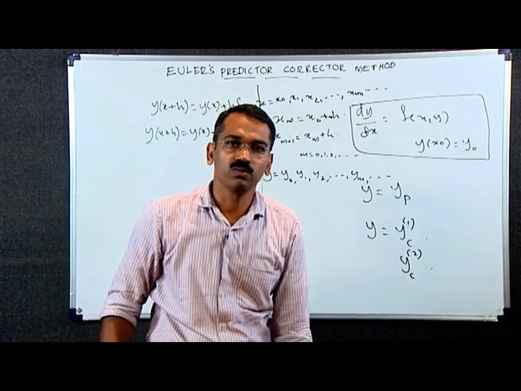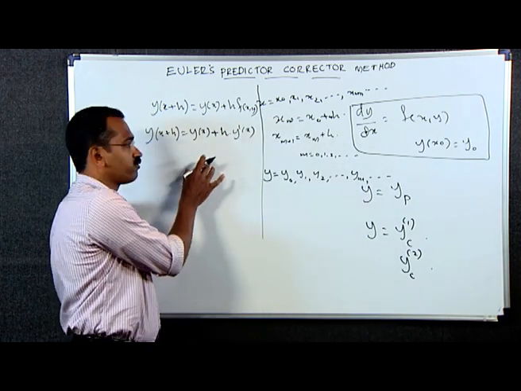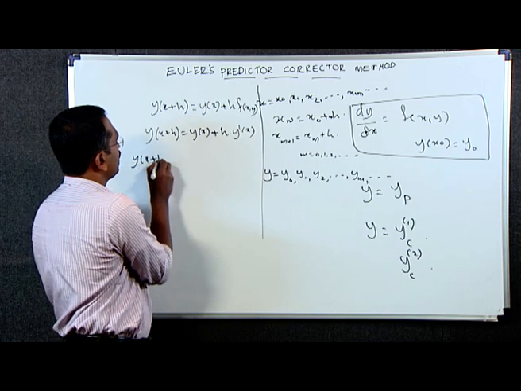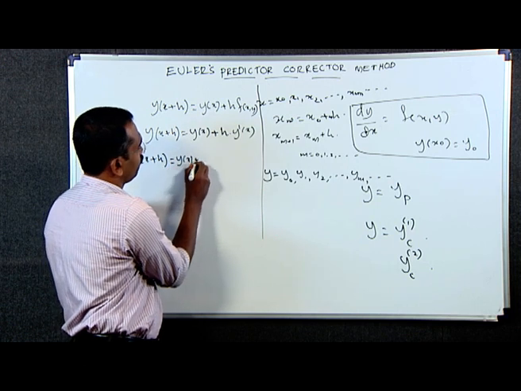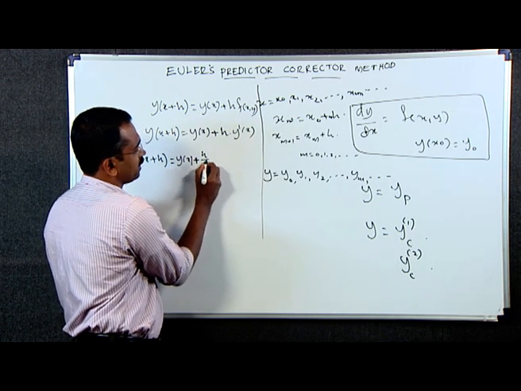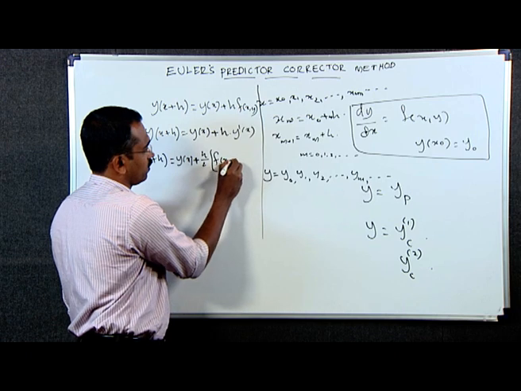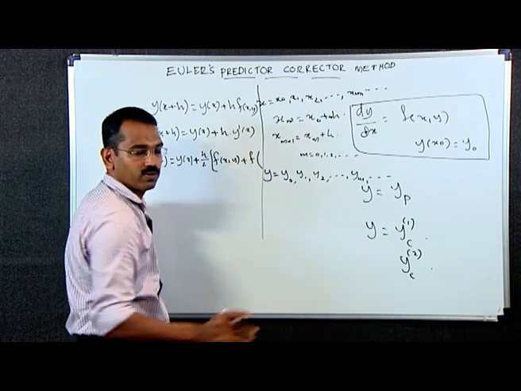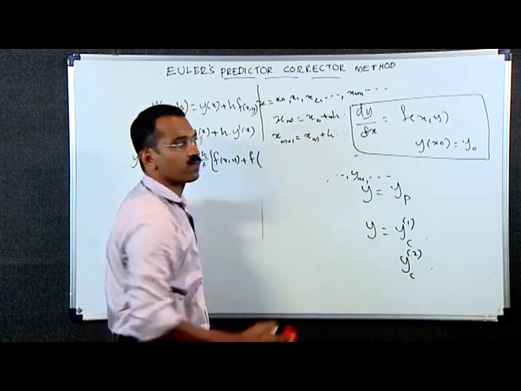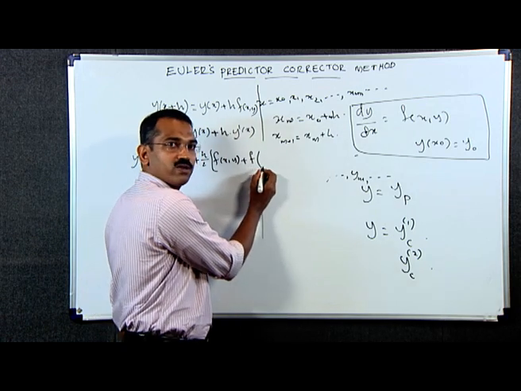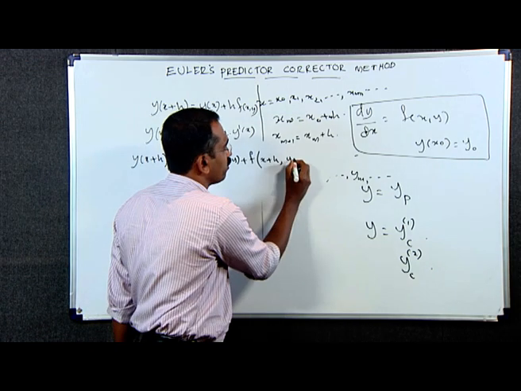And also by the modified Euler's formula, which we already discussed, y of x plus h is equal to y of x plus h by 2 into f of x, y plus f of x plus h, comma, y plus h into f of x, y.